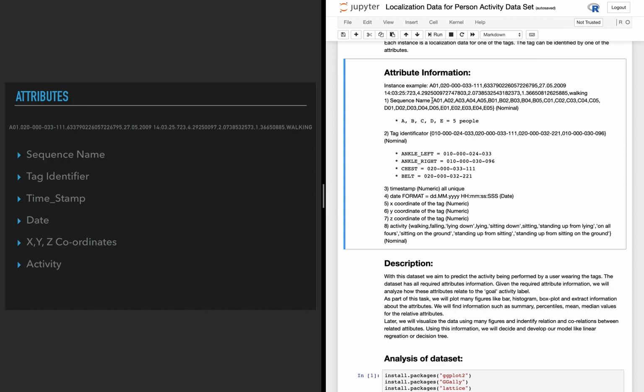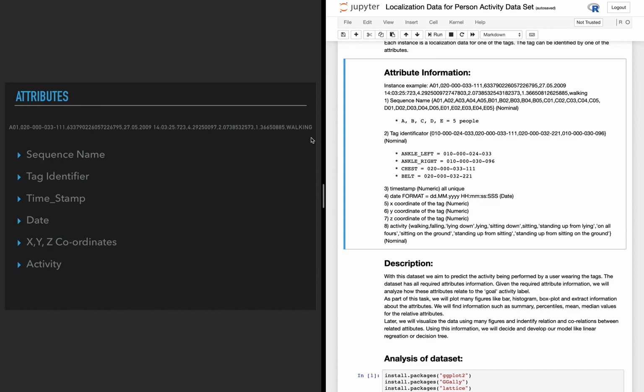The tag identifier helps us identify which tag sensor information is actually being reported in the row. The timestamp tells us the time at which the recording was made, while the date gives us the date of the recording. The XYZ coordinates, as we know, are simply the XYZ coordinates of that tag. Finally, the activity label gives us which activity was actually being performed.